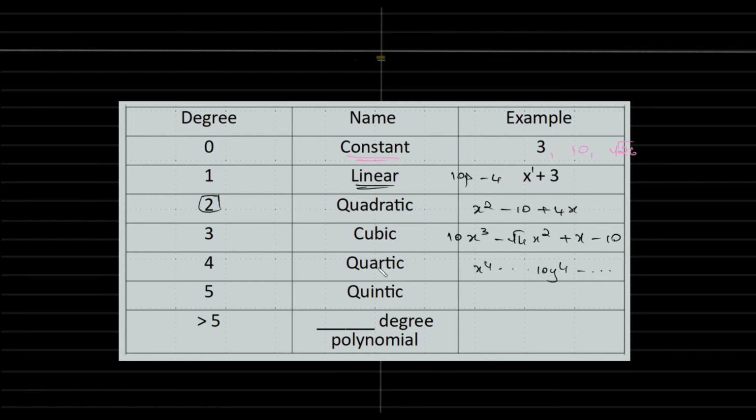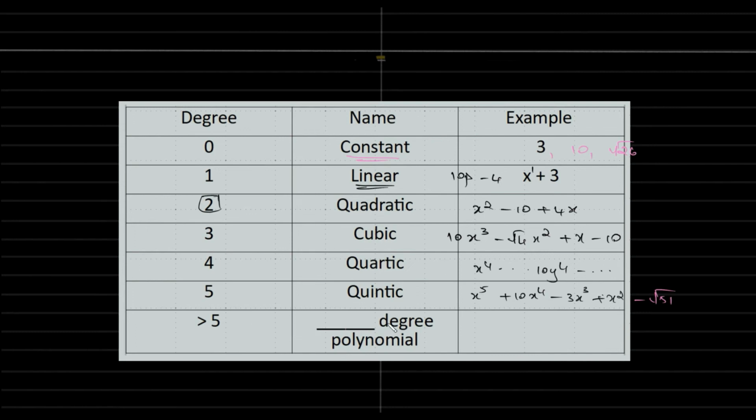All these are quartic. Quintic is to the power of 5. So x to the power of 5 plus 10x to the power of 4 minus 3x to the power of 3 plus x square minus root of 51. This is the quintic.